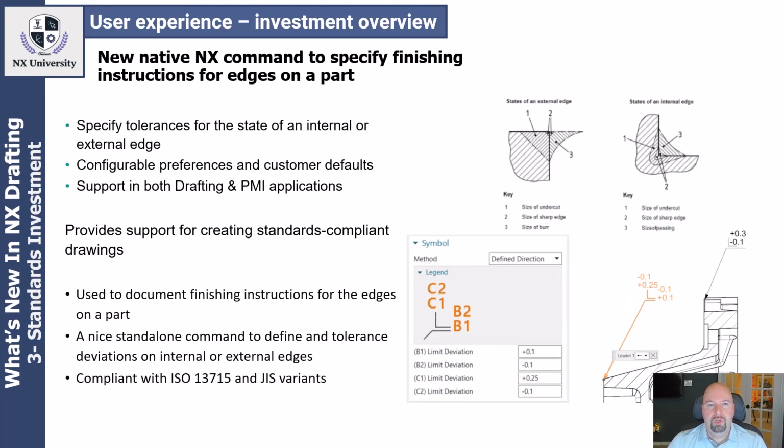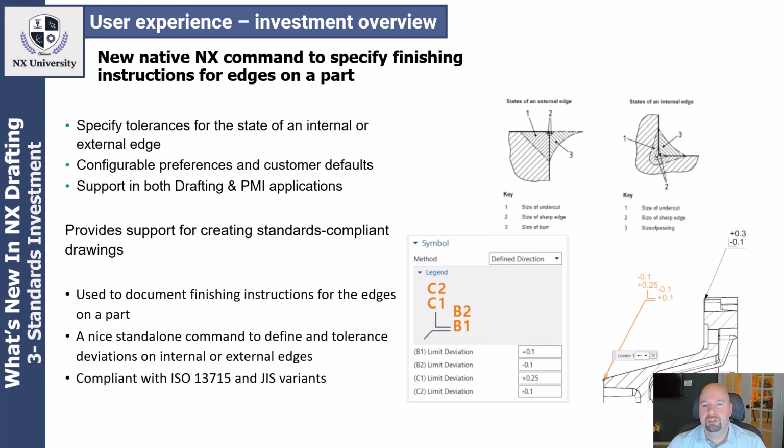In addition, we also have a new native NX command to specify finishing instructions for the edges on our parts. We can specify tolerances for the state of an internal or an external edge. It is configurable in the preferences and the customer defaults here. It is supported in both drafting and PMI applications.